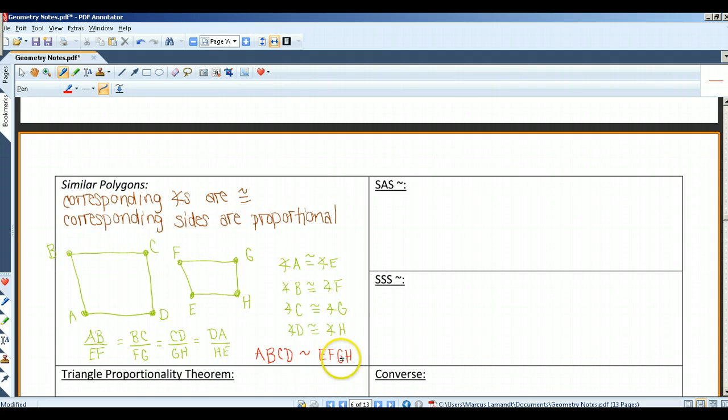And the way that we know that is because the corresponding angles are congruent and the ratios of the corresponding sides are all the same. In this case, let's imagine that this side was length, I don't know, 10, and this side was length 5. Then the scale factor would be 10 to 5, which simplifies to 2 to 1.